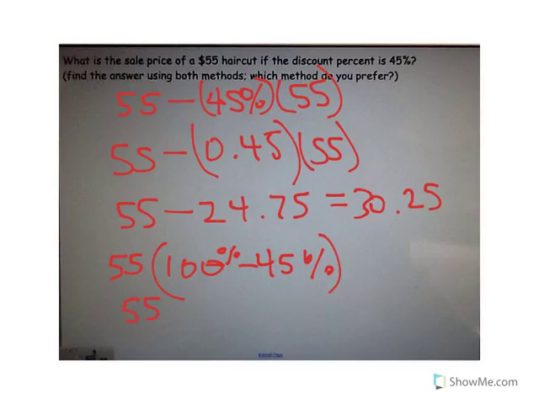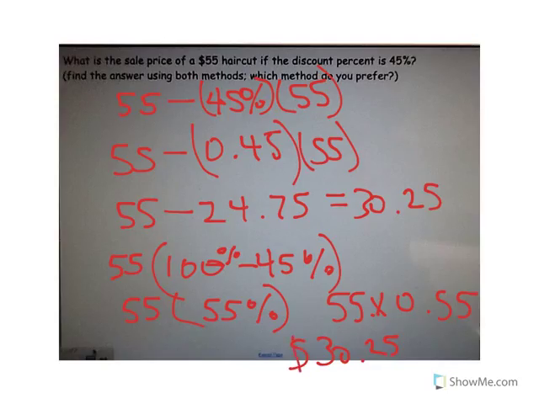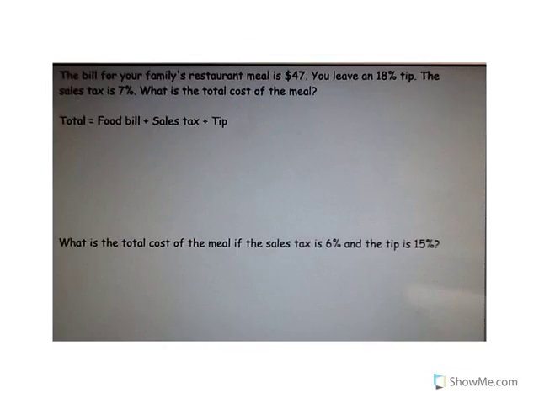So it's going to be 55 times 55%. So 55 times 0.55, and that's going to give you 30.25 as well. So same problem, just whichever way works, or whichever way you prefer, use that method.